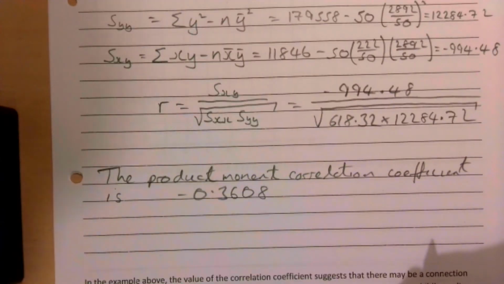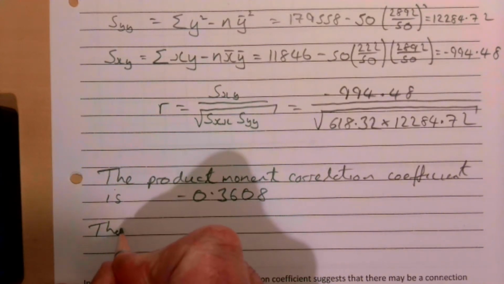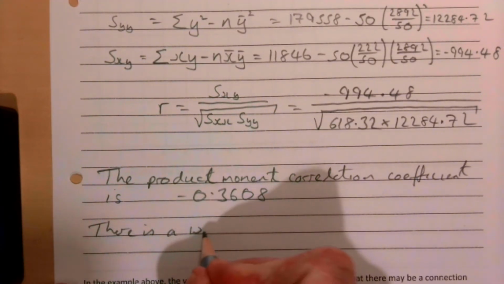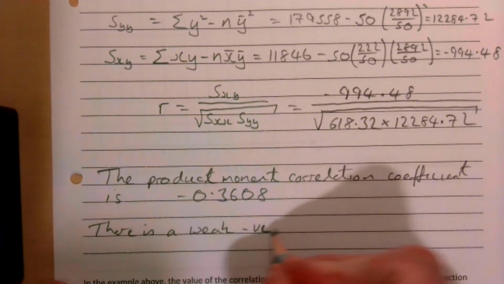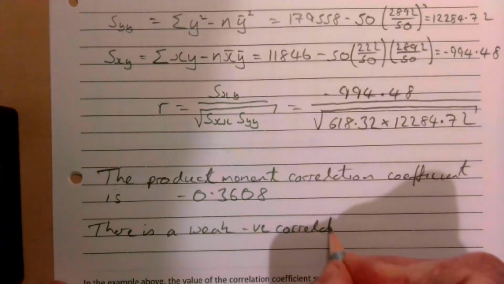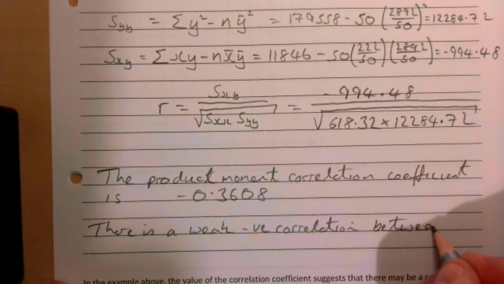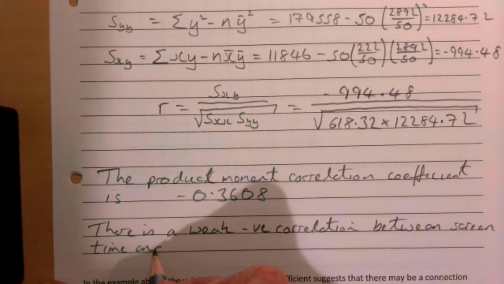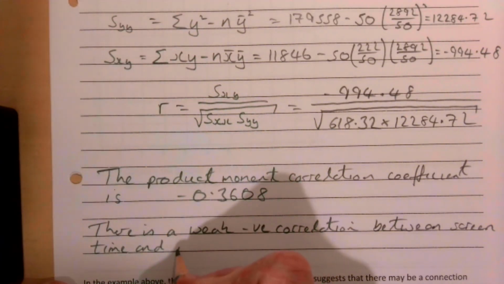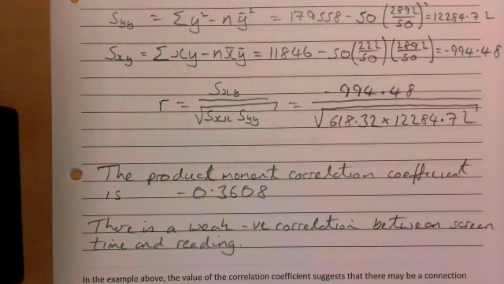So this shows then there is a weak, although it's not too bad, minus 0.36 negative correlation between screen time and reading, and that is, I guess, our conclusion.